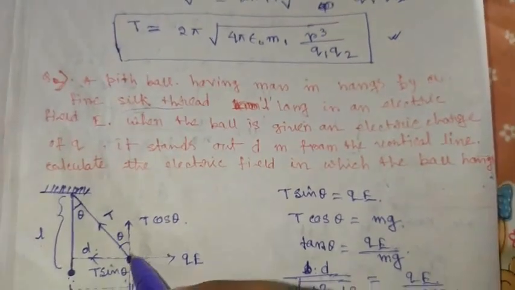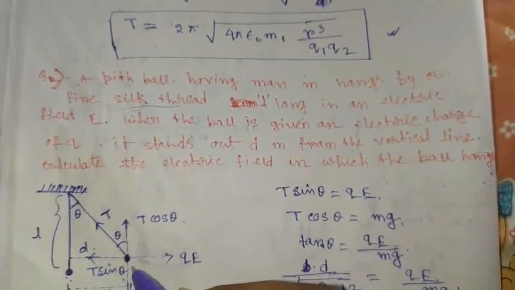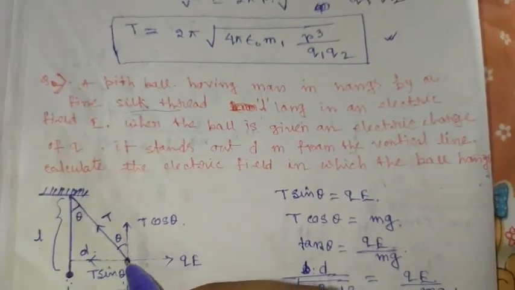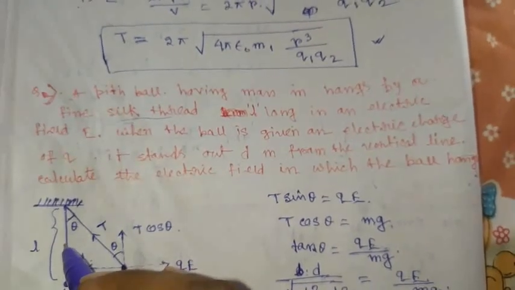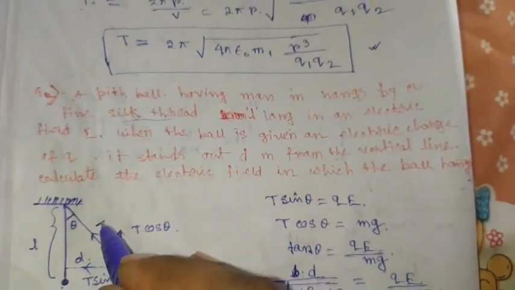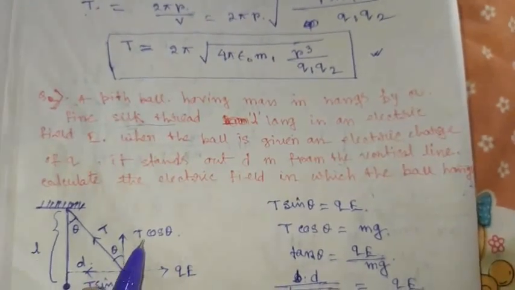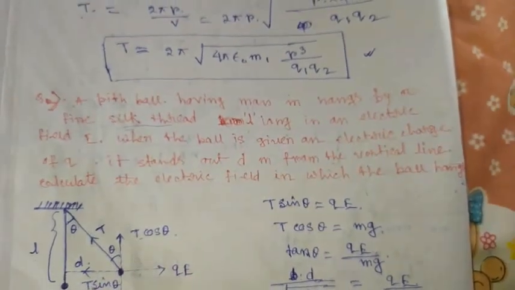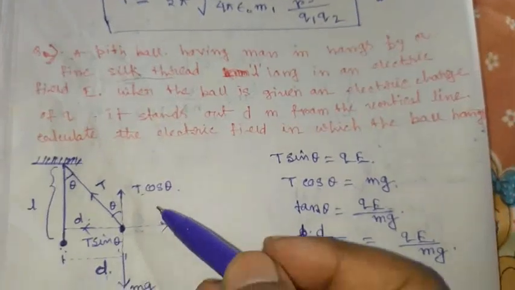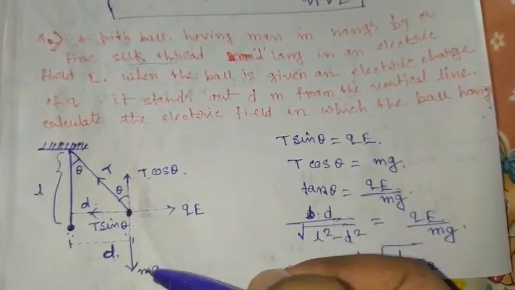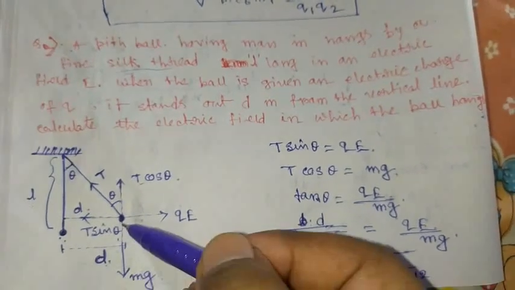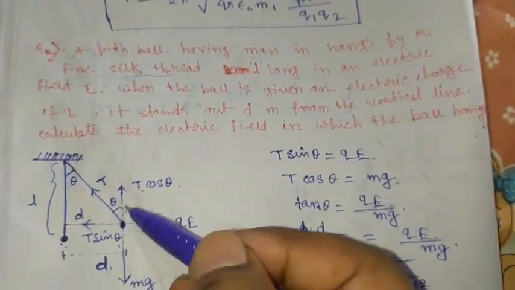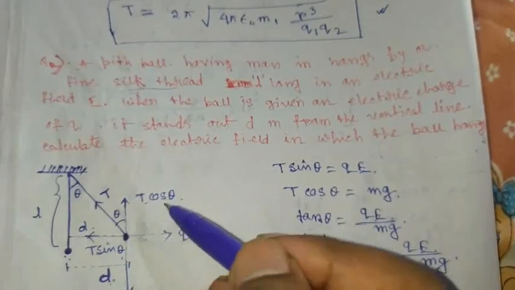Now in this new stable position, let the tension of the fine silk thread be T. Then T can be divided in two parts: one is T cos theta and one is T sin theta in this direction. Due to gravity, the downward force is mg, and the upward force due to tension is T cos theta.